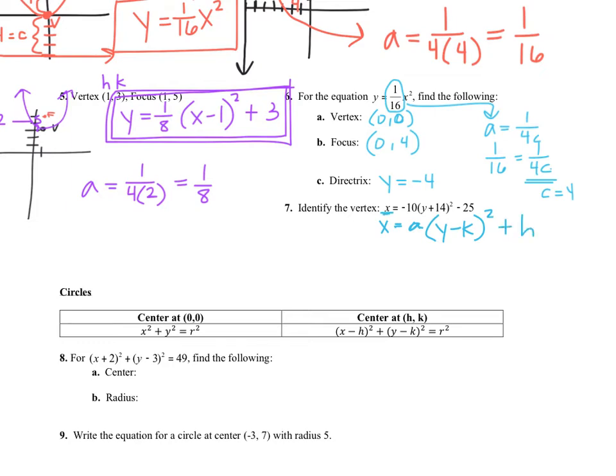Because we see our x starting first. So remember your h and k are switched here. And your x and y are switched here. So the vertex is always h, k.